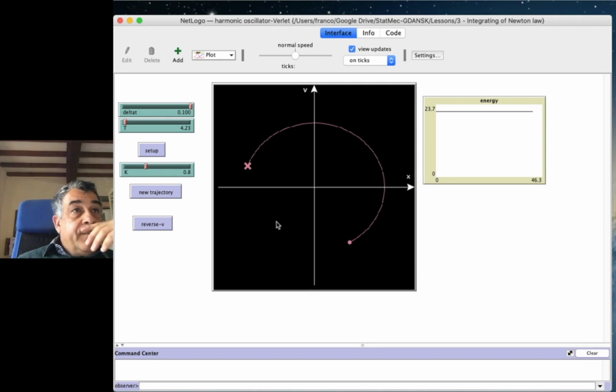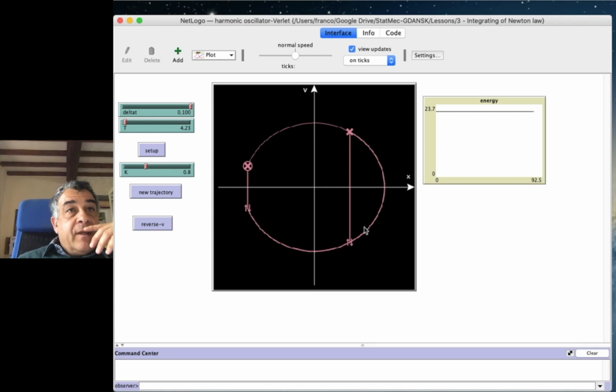a certain point. Now I want to reverse the velocity here, so I reverse the velocity, and when I reverse the velocity, clearly I'm going to the same position, but at the reverse point in the trajectory.